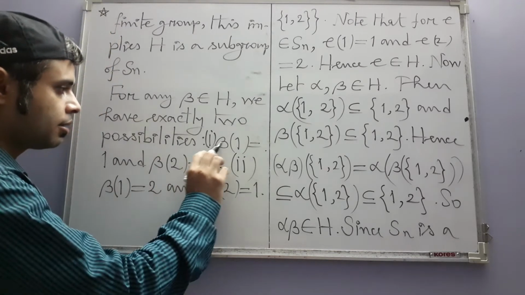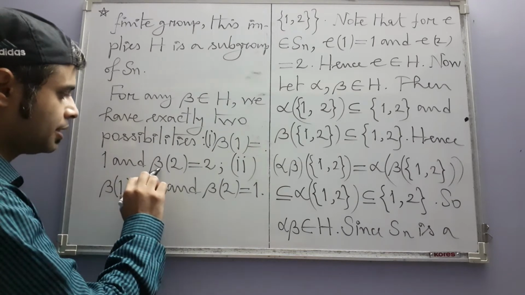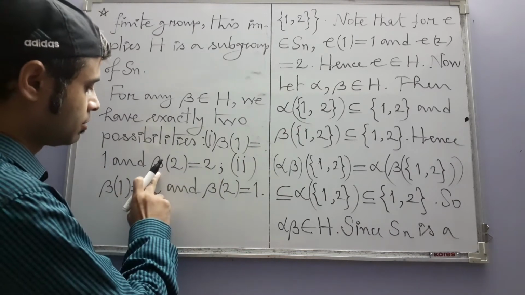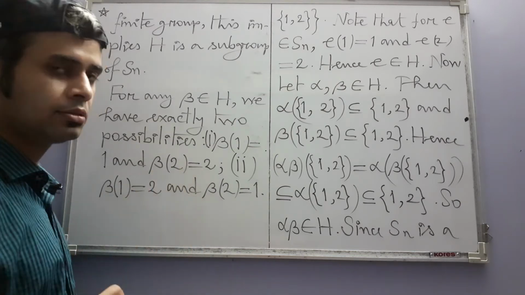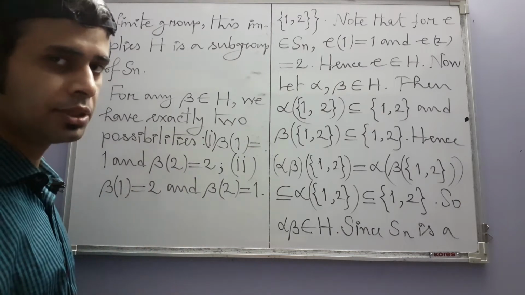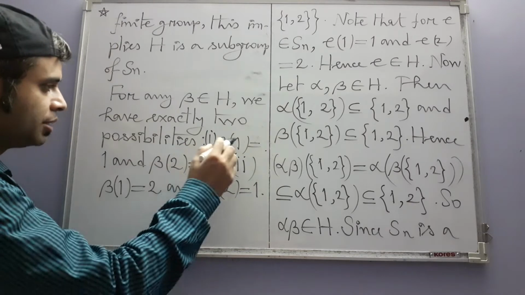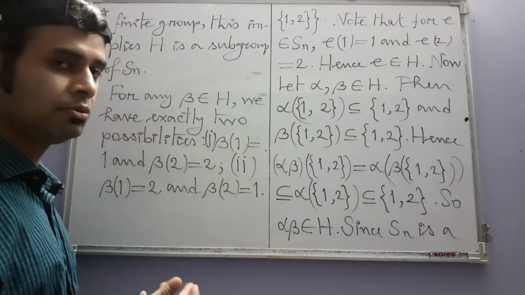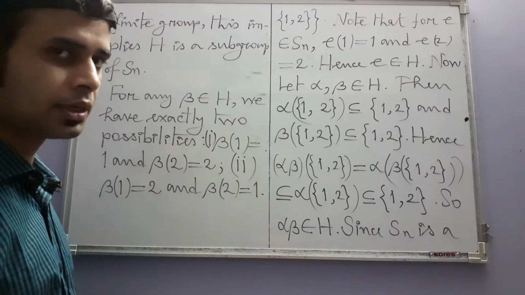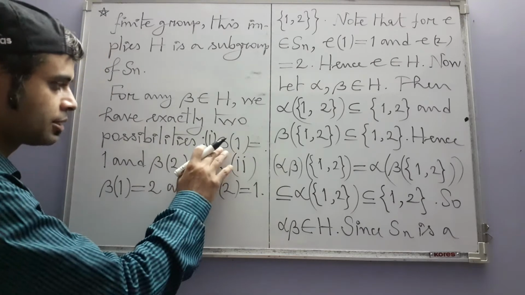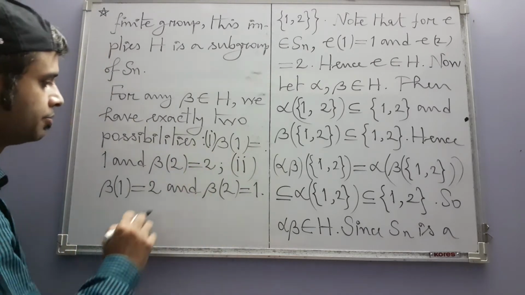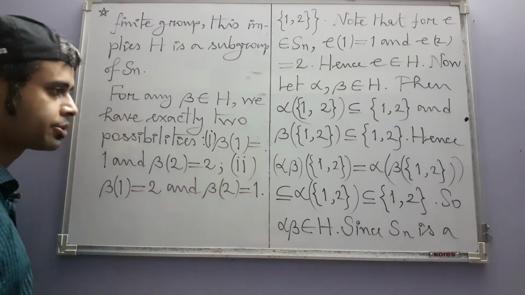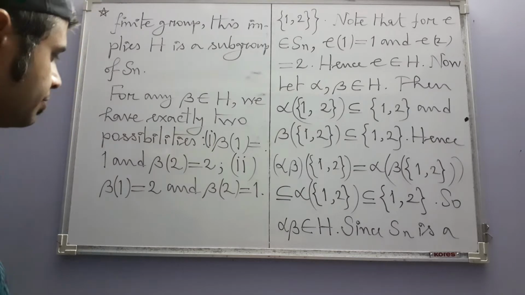So if beta of 1 is 1, then beta of 2, since it has to be either 1 or 2, is forced to be 2. It cannot then again be 1. That is, if beta of 1 and beta of 2 are both equal to 1, then beta fails to be 1 to 1, and then it's not a permutation. Similarly, if beta of 1 is 2, then beta of 2 is forced to be equal to 1.